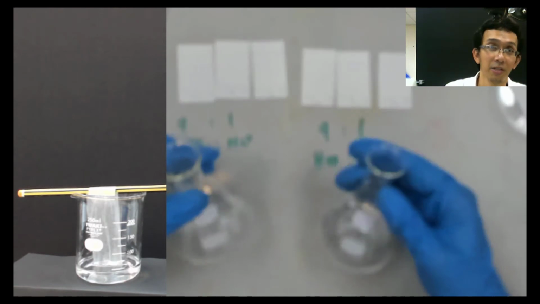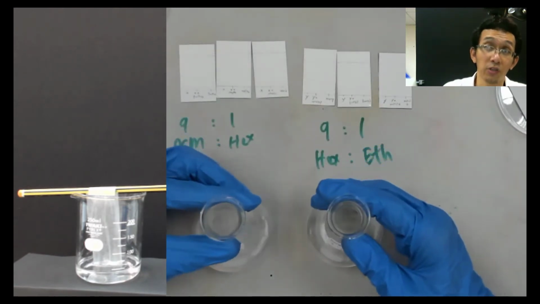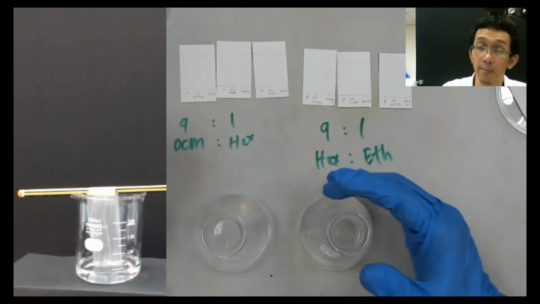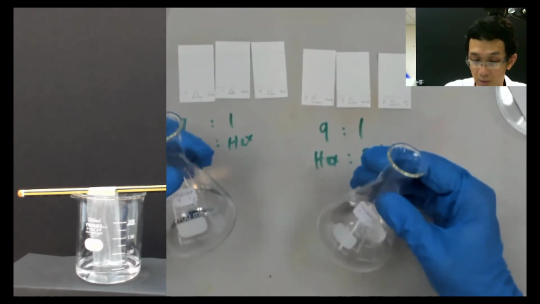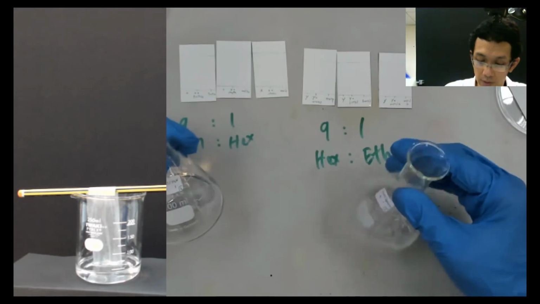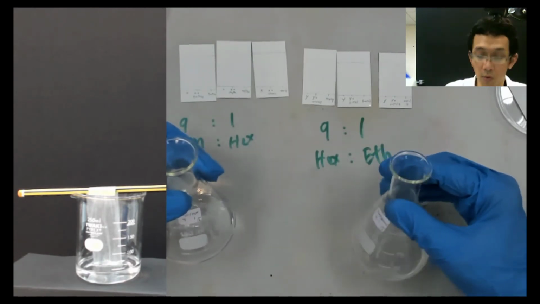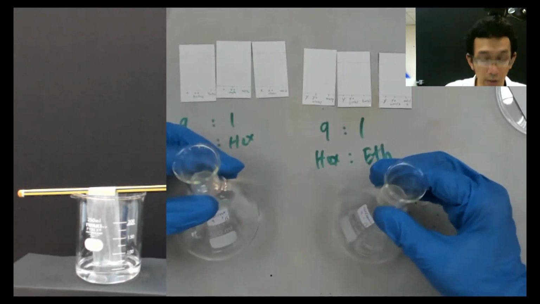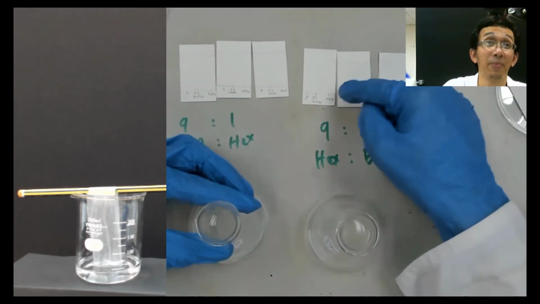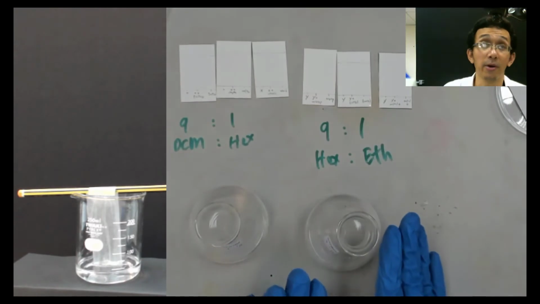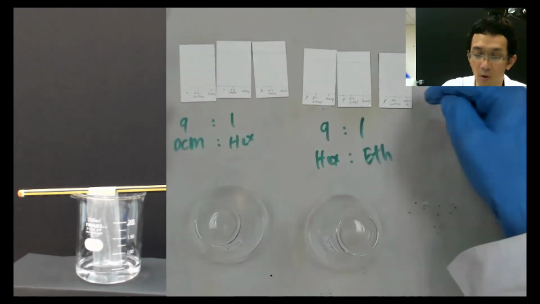Not a little bit, a lot different than this, because when I tried using whatever is in the lab manual, we cannot get it. So sometimes you need to modify. So this is the solvent, the mobile phase, that we will use to push our sample on the TLC plate.